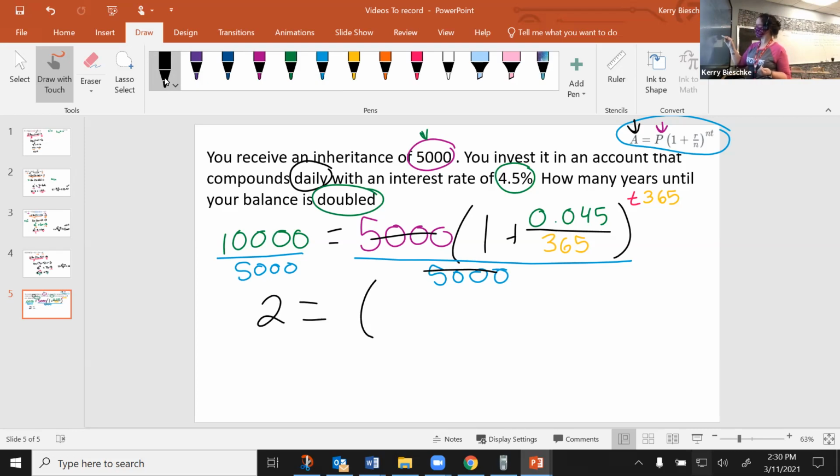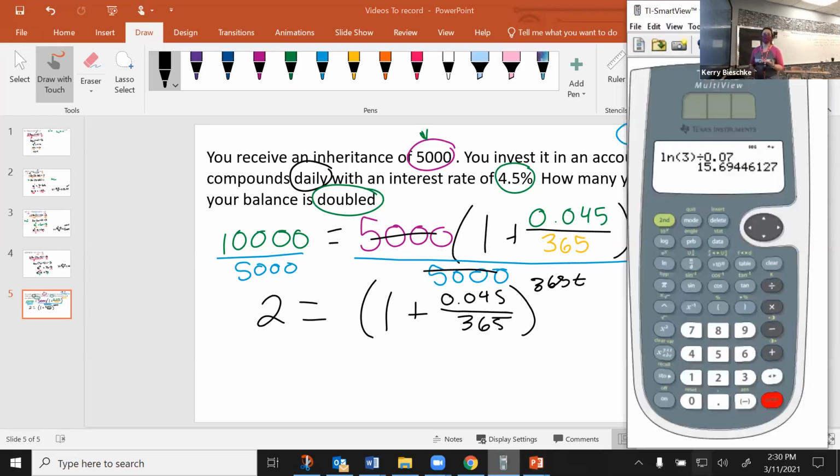And we're left with 1 plus 0.045 divided by 365, to the 365t. I'm going to go ahead and simplify this parentheses first. And we're going to do that in our calculator.